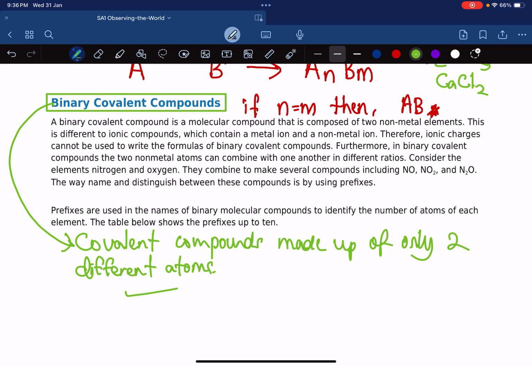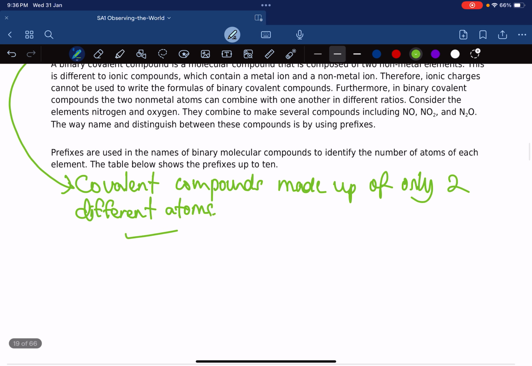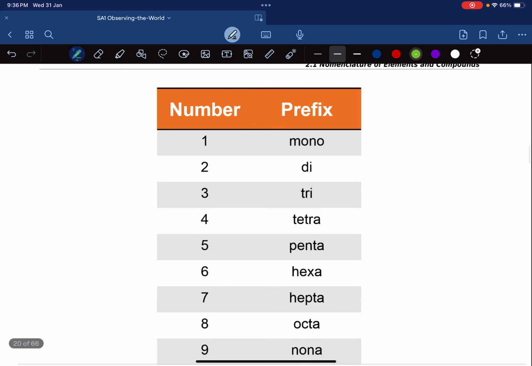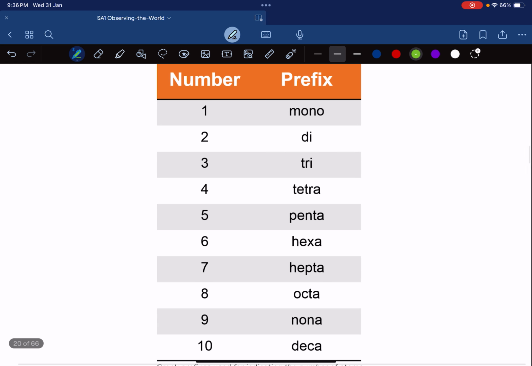That's what a binary covalent compound is. Binary basically means 2. Let's look at some examples here. These prefixes will be important for us to know, like mono, di, tri.